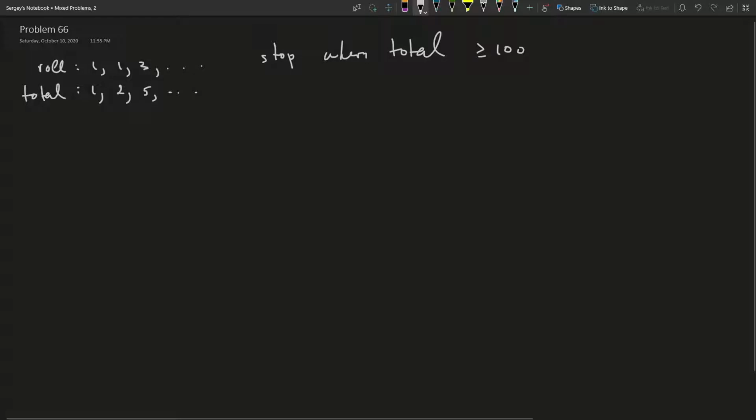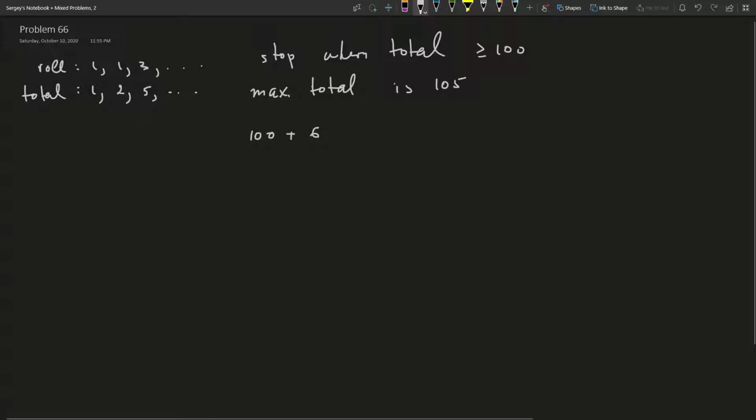So one thing to note is the maximum running total is 105. And the reason the max total can't be 106 is because the largest value that a die can roll is a 6, which would imply that the running total before the last roll would have to have been 100.